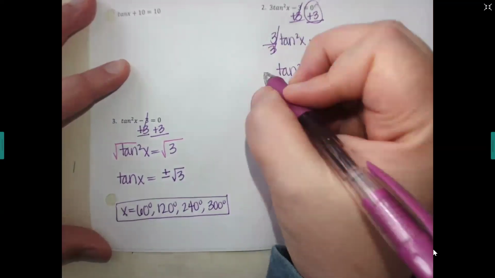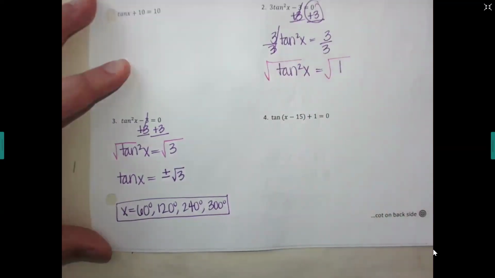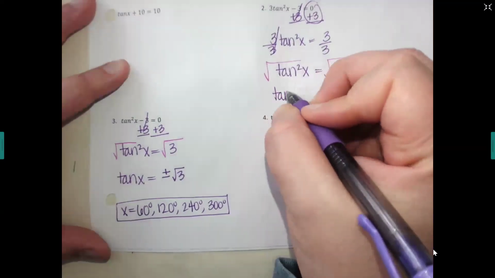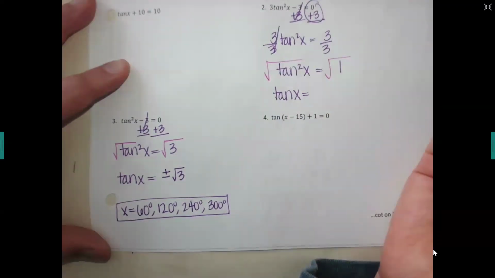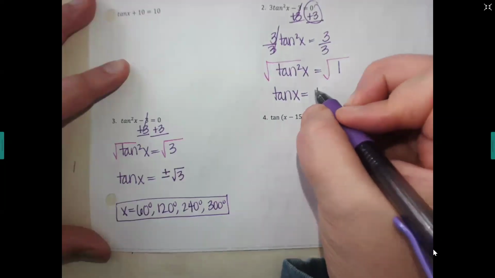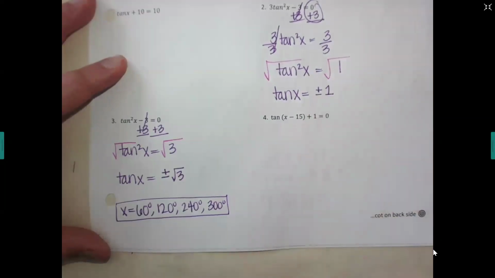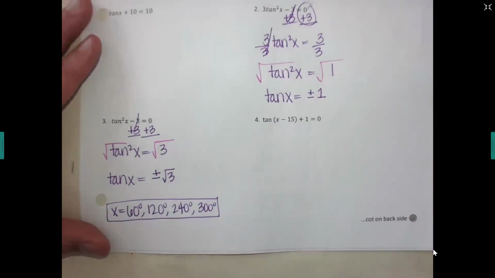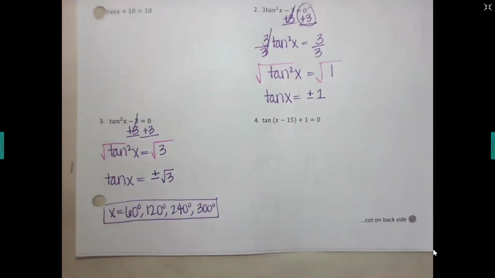Next step, take the square root. What is tan x going to equal? Plus or minus, and the square root of 1 is still 1. You should be able to find all 4 answers around the edges of the circle.